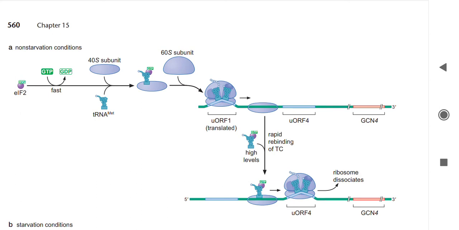Okay, so GCN4, as you have seen here, the name comes. GCN4 is a yeast transcriptional activator protein. It can regulate the expression of those genes that encode enzymes needed for amino acid biosynthesis.